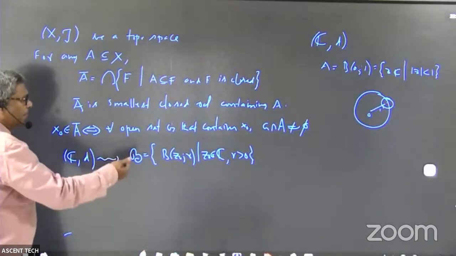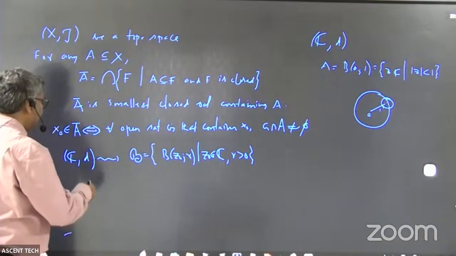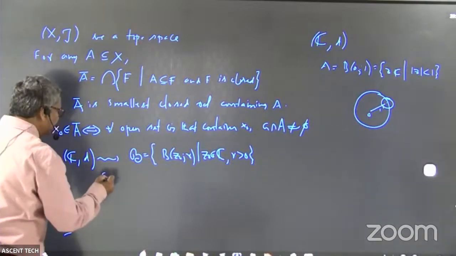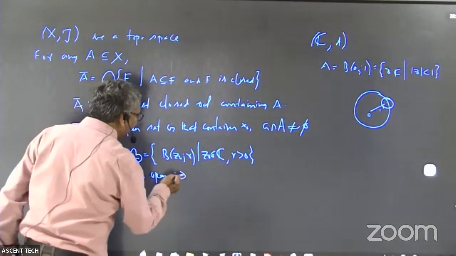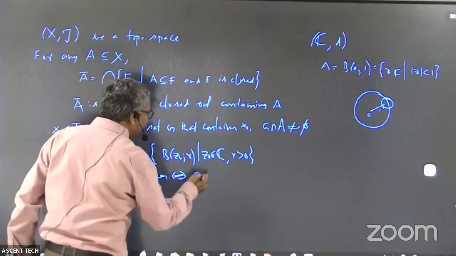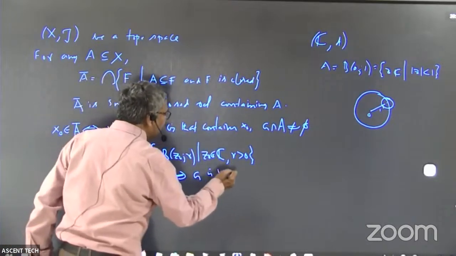What do you mean by generated by this? That means the open sets in C are arbitrary unions of basic open sets. So G subset of C is open if and only if G is a union of open balls.